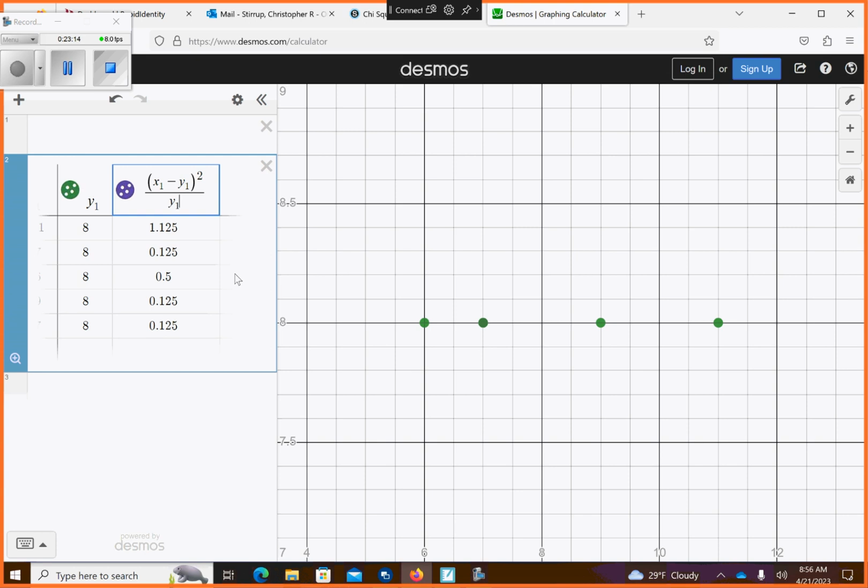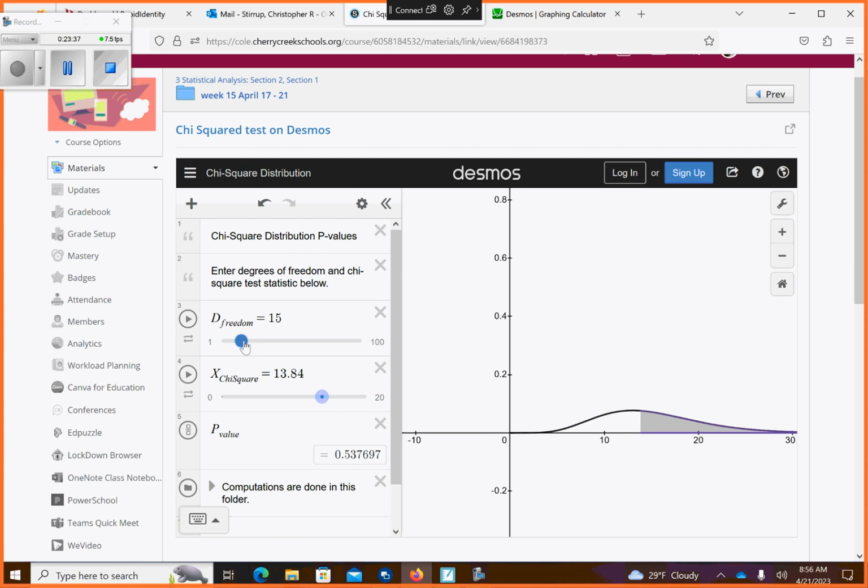So this is where that slider will work. How many categories do I have listed on this board? I have A, B, C, D, E. So categories is 5. What's my degrees of freedom have to be? It's 1 less than that, 4.